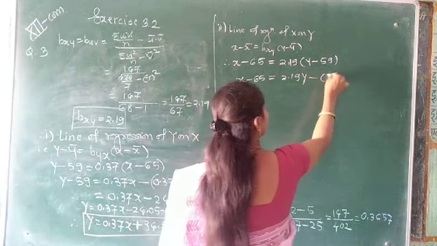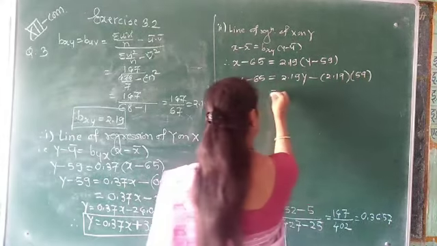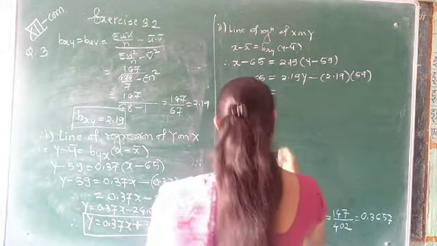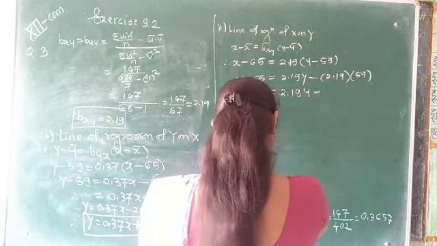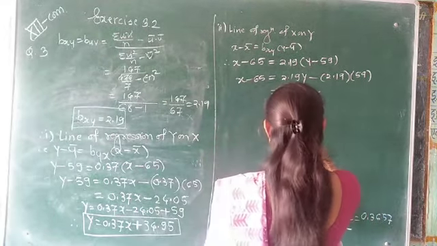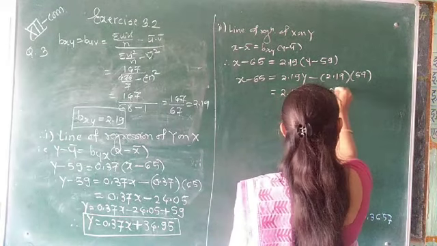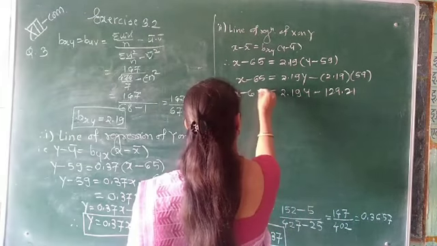2.19y minus 2.19 into 59, that is 129.21. X minus 65.